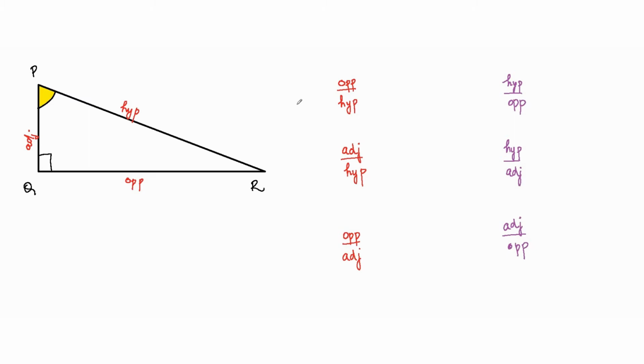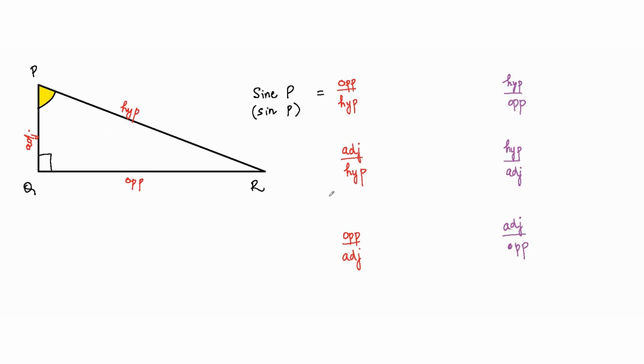And now let us assign some specific names to these ratios. The ratio opposite upon hypotenuse is called sine of that angle. So sine P is the ratio of the opposite side to the hypotenuse. The short form of sine can also be written as sin P, but please remember this is not sin, it is sine. So sine of an angle is the ratio of the opposite side to the hypotenuse.